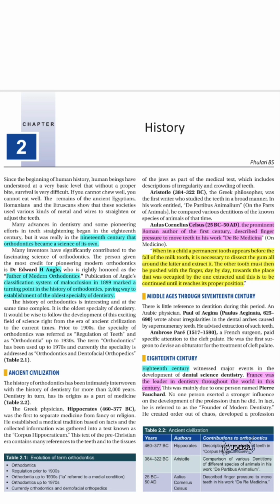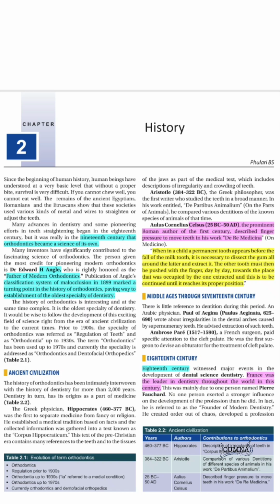As for the history of orthodontics, it is considered the oldest specialty in dentistry, and starting from the 19th century it was recognized as an independent specialty. Edward Angle is considered the father of modern orthodontics.